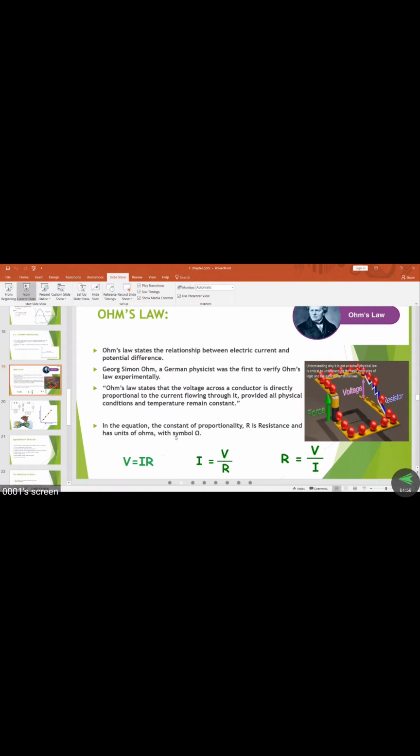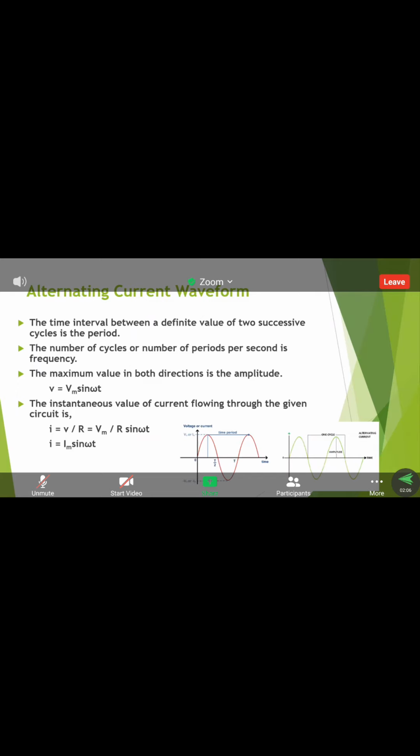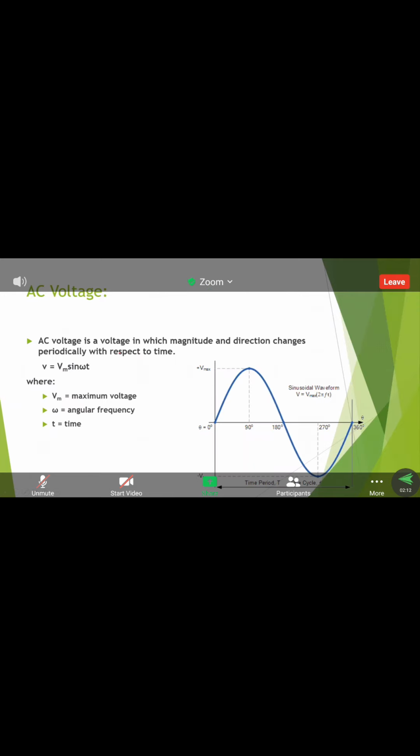Right. So last class we discussed AC and DC. What is AC current, what is DC current, what we call them. So those things we discussed in the last class, right? AC is nothing but the voltage or the current whose magnitude and direction both change periodically with respect to time.